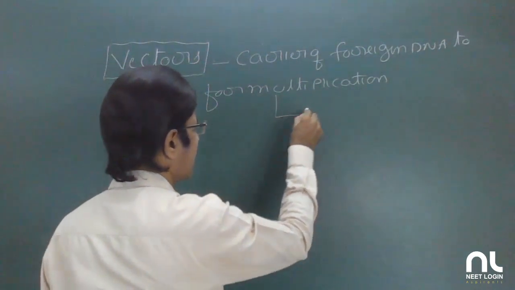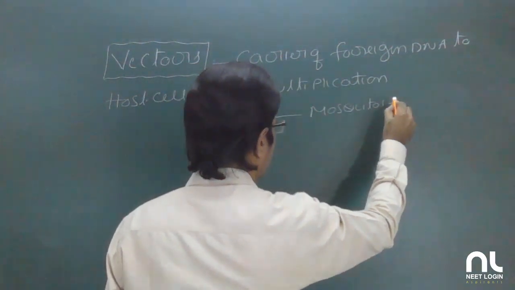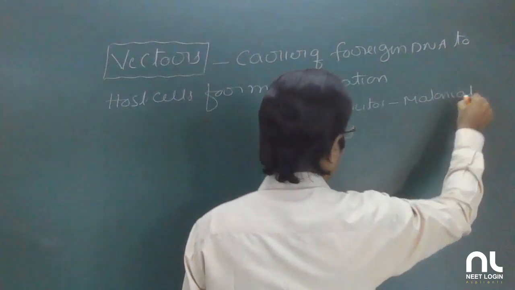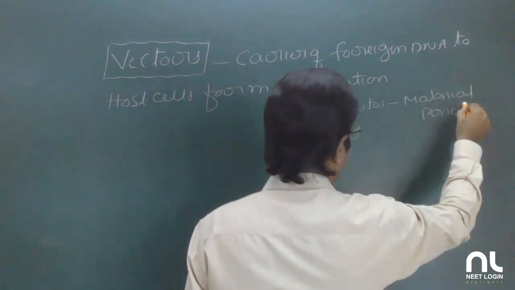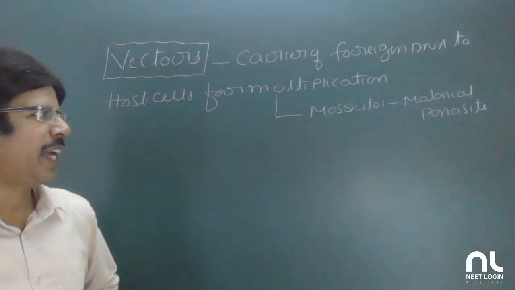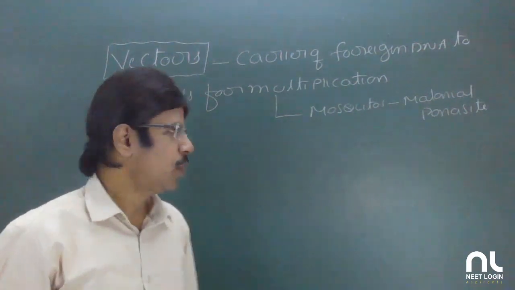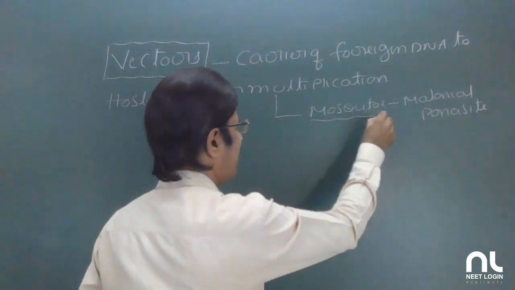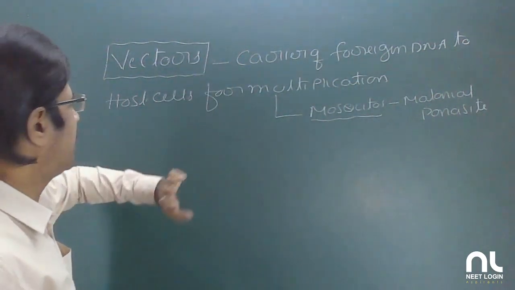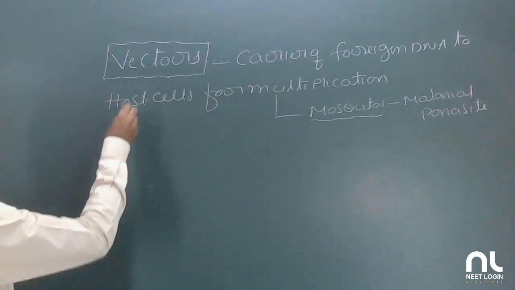It is just like, mosquitoes act as a vector to carry the malarial parasite. So mosquitoes act as a vector. Here, vectors are carriers of the foreign DNA to host cells for multiplication.